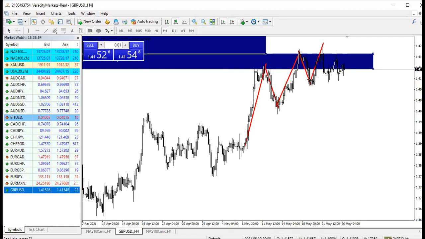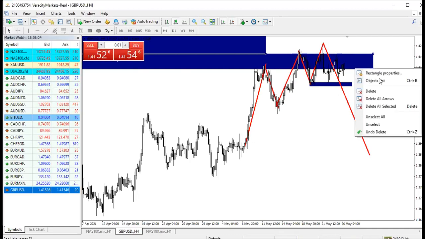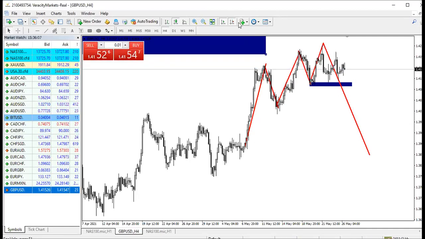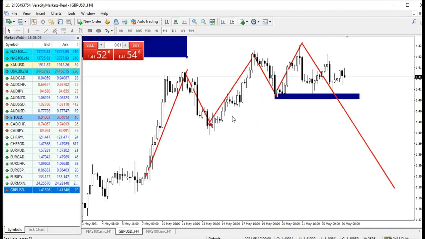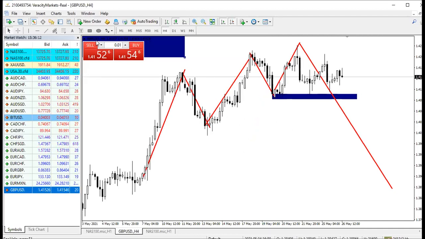We have our low here. We have our low. We are waiting for the market to break here. After breaking, we have our big candle here, but this one is no longer fresh.